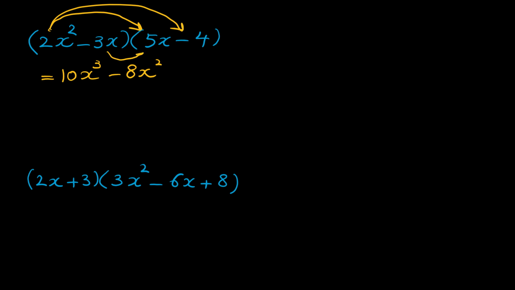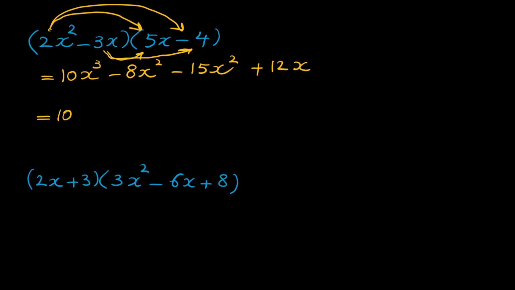Then we multiply this by this, which gives negative 15x to the 2. And finally, this by this, negative 3x times negative 4 is 12x. Negative 3 times negative 4 is 12, and we have x in one of the terms, so 12x.